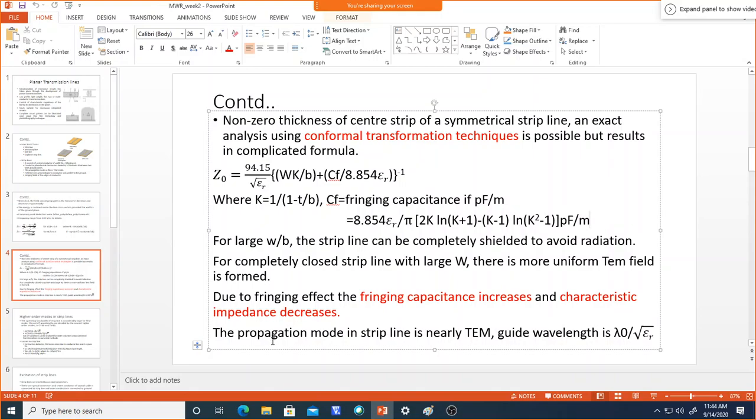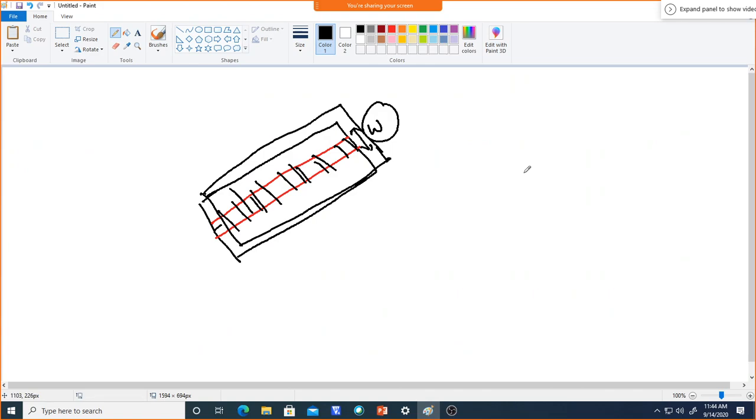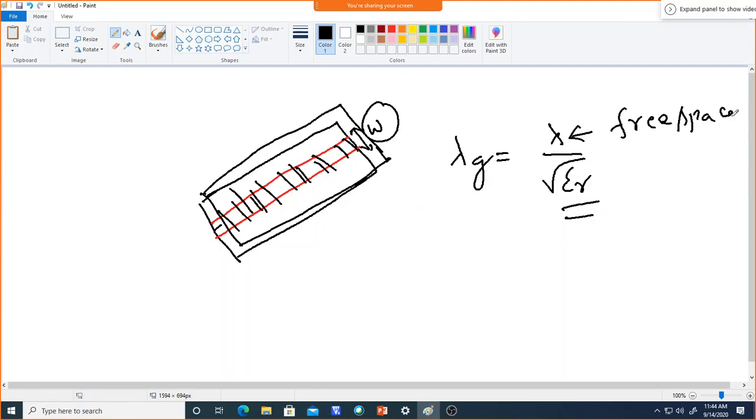Now for the propagation mode, how do we calculate the guided wavelength? As we already discussed, the guided wavelength is very important for any mode propagation or mode calculation, and it is equal to lambda by root epsilon. Here lambda is the free space wavelength, lambda equal to c by f.